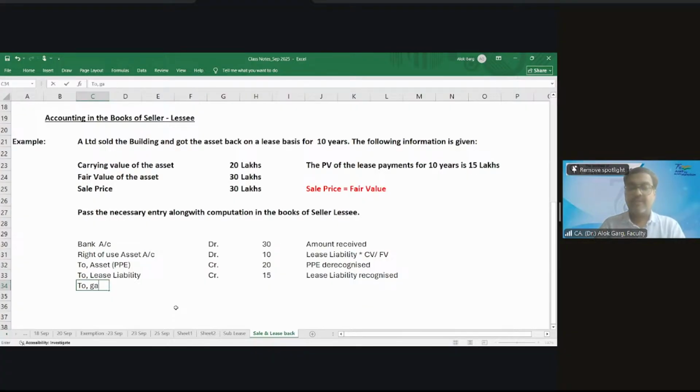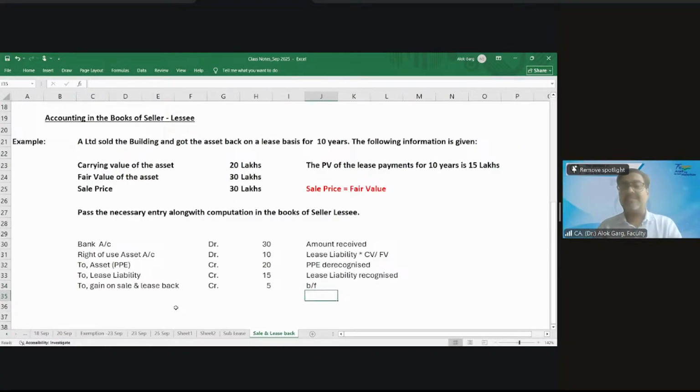To profit and loss, gain on sale and leaseback transaction, right? Great. And this is the balancing figure, gain on leaseback.